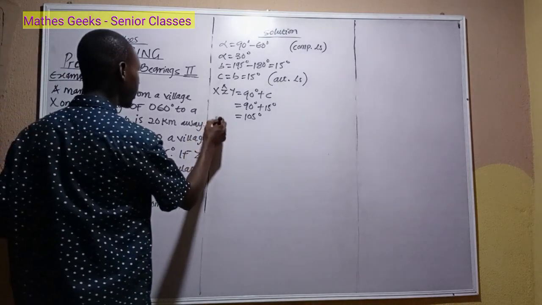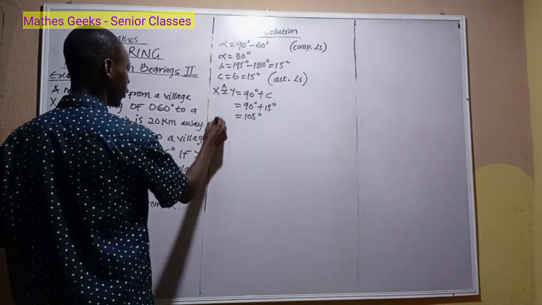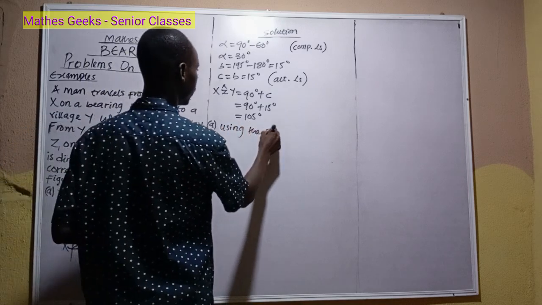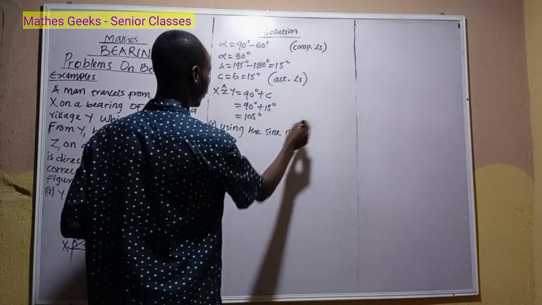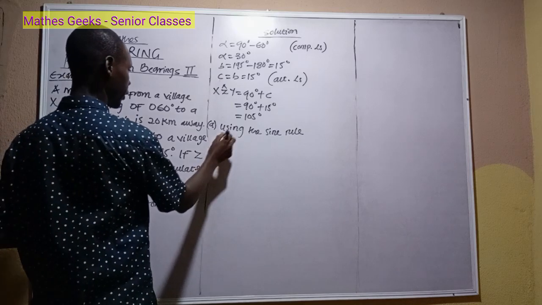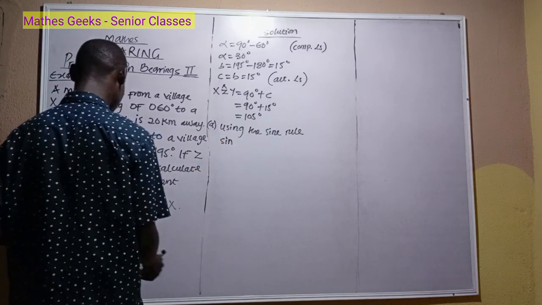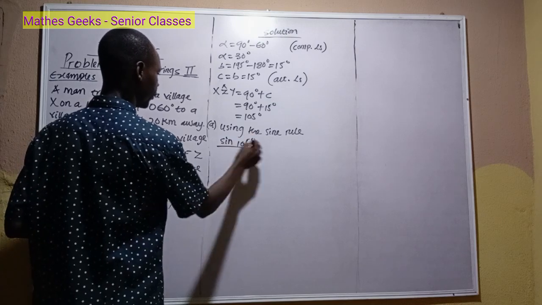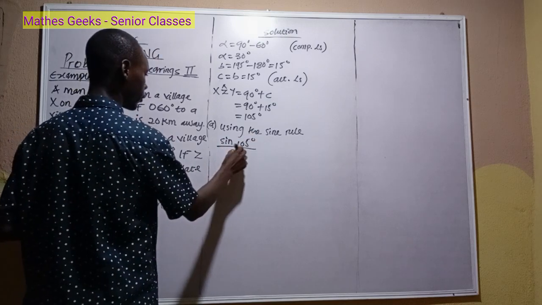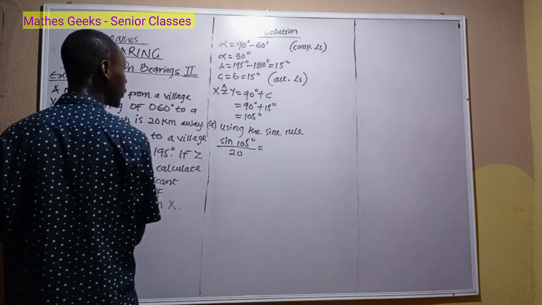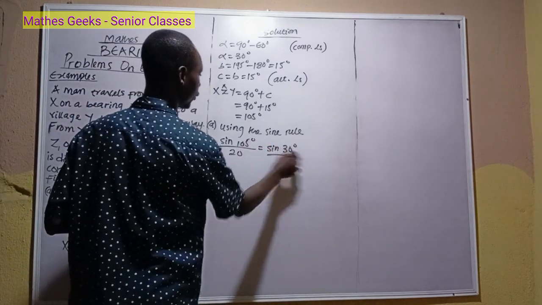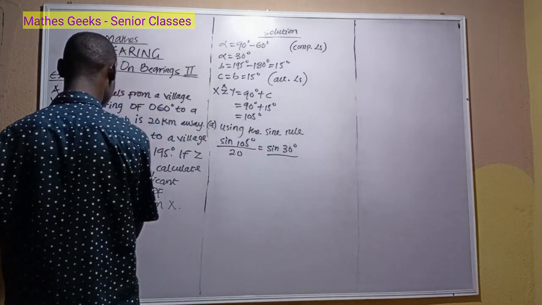So using the sine rule, for part A, we're going to have sine Z, which is 105 degrees, over the side, 20, equal to sine alpha, which is sine 30 degrees, over YZ.